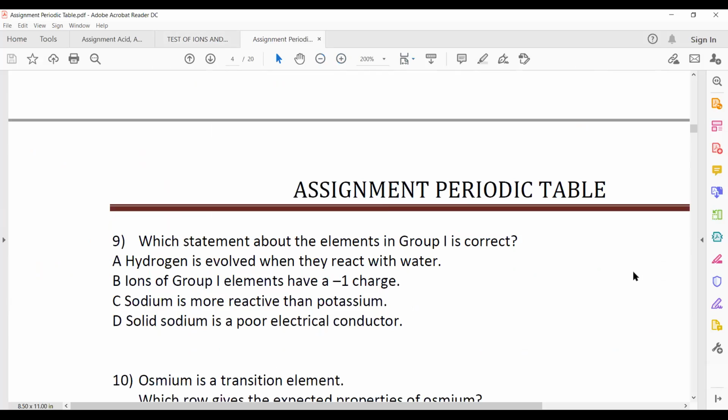Which statement about elements in group 1 is correct? Which statement about group 1 or alkali metals is correct?